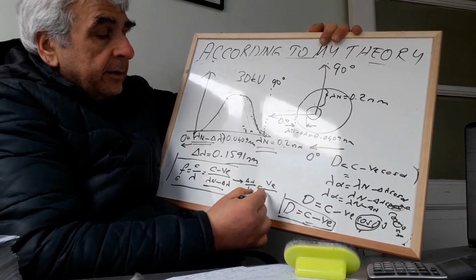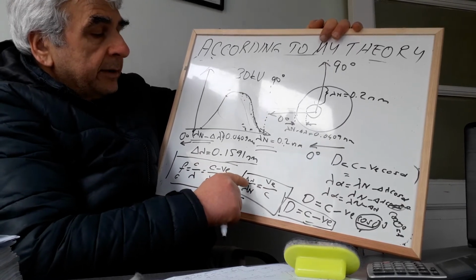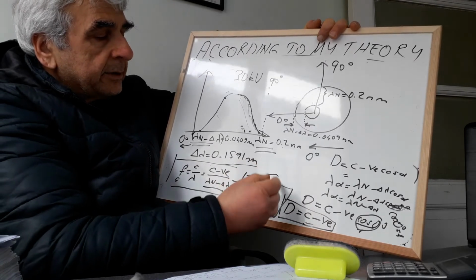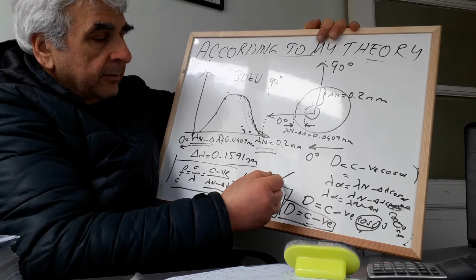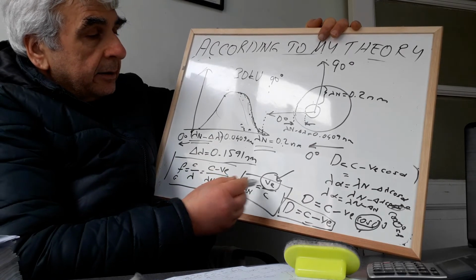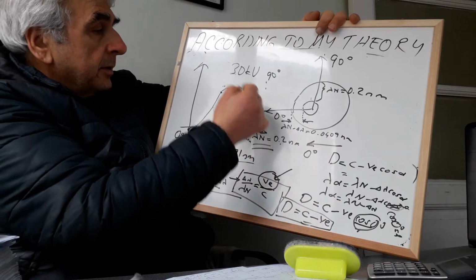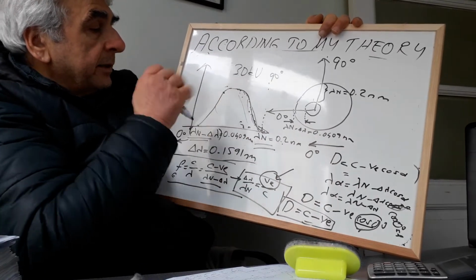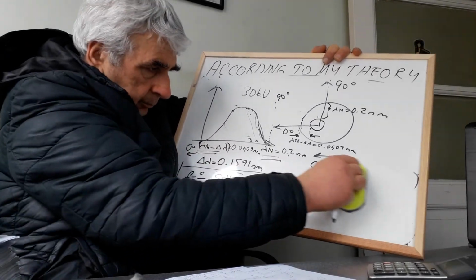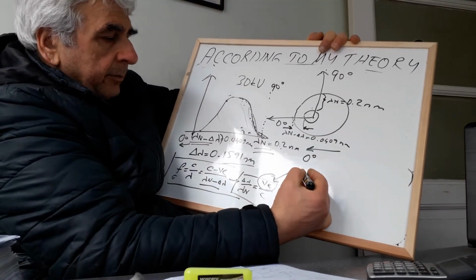Okay, see here. We know delta lambda, we know lambda n, we know c, and we will find the electron velocity. We find delta lambda in the context of my theory and my formulas from that data. Now, here we are.